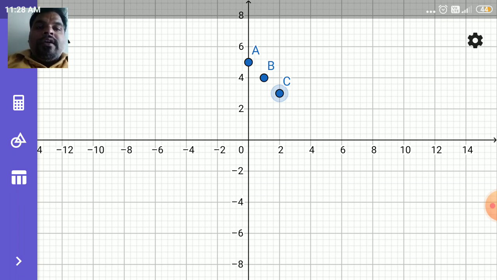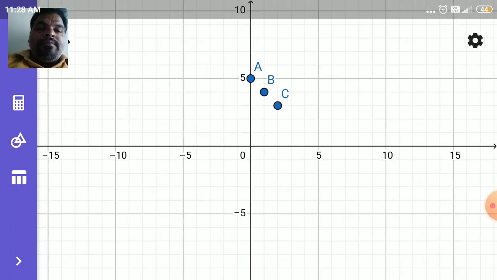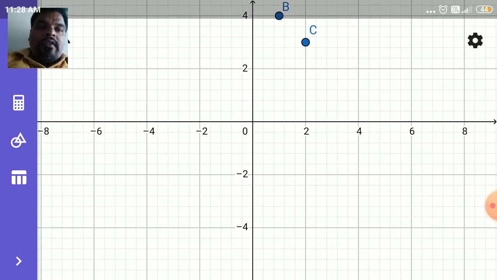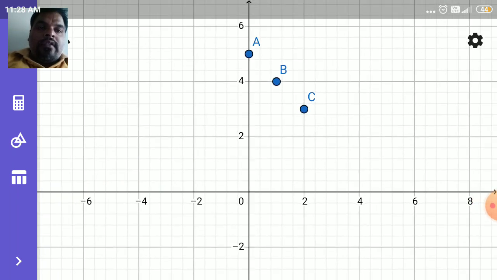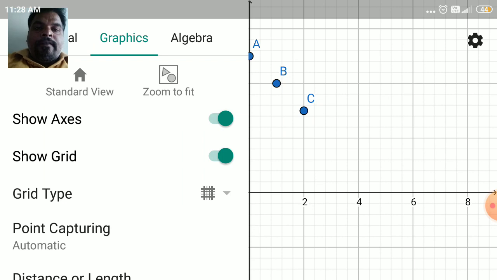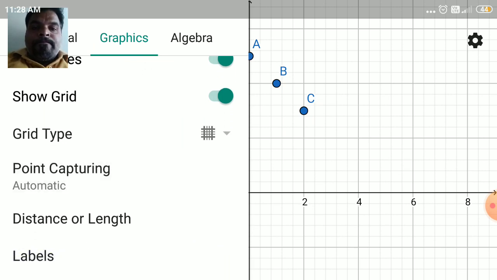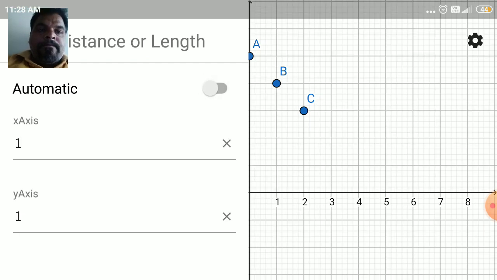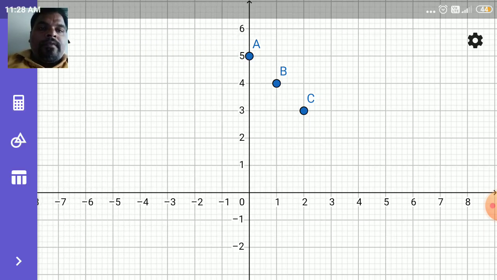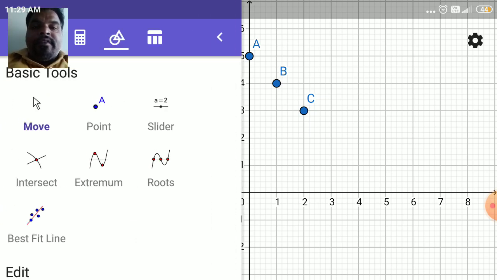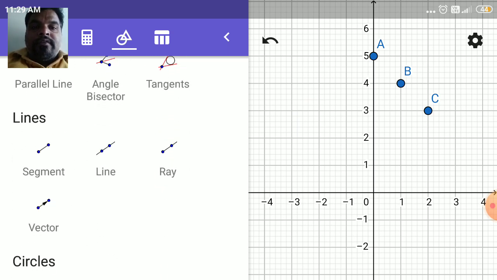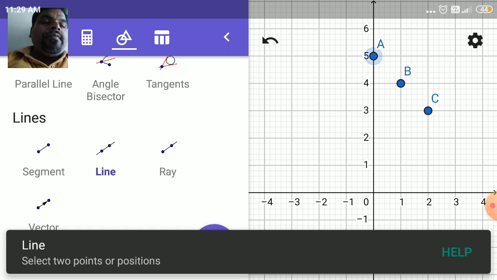Then you can draw a line passing through these 3 points.